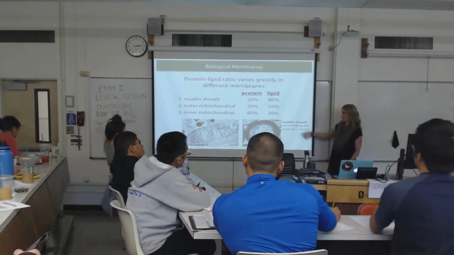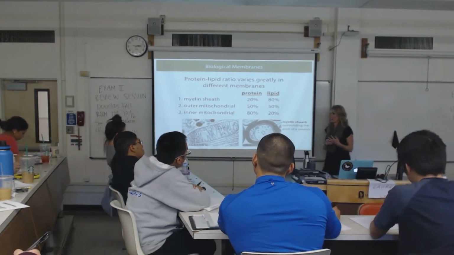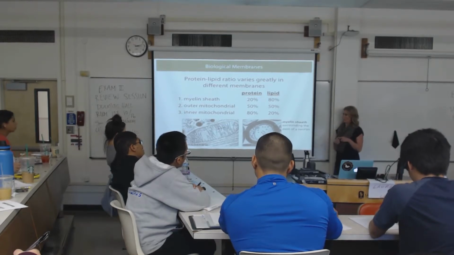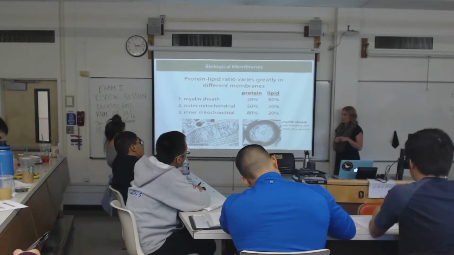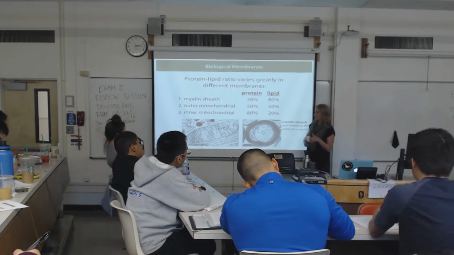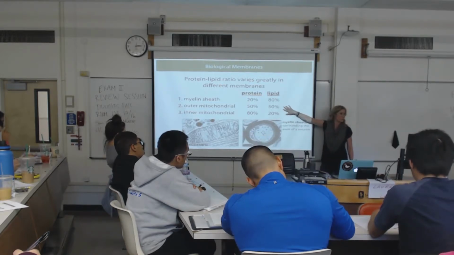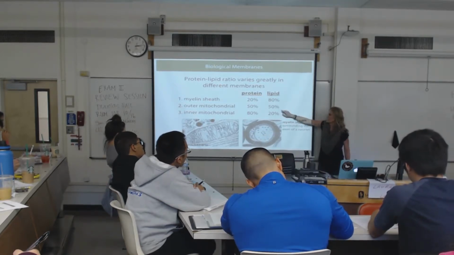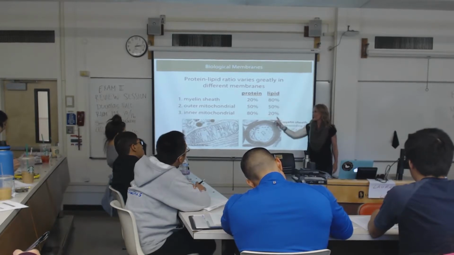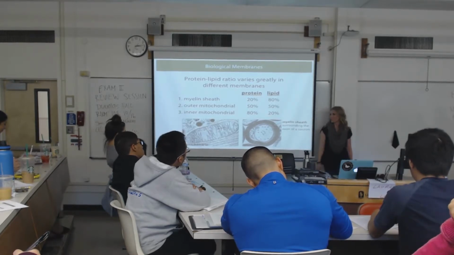In fact, you see a relatively low amount of protein in the membrane that composes the myelin sheath. Way heavier on the lipids. Outer mitochondrial membrane is about 50-50, which is about the ratio you see in most plasma membranes. Inner mitochondrial membrane, 80-20, way heavier on the protein.